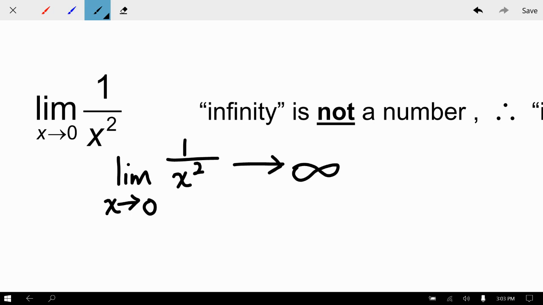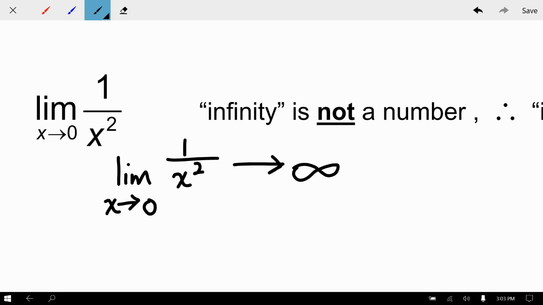Now, it used to be that this is the way we wrote all limits. We used to write limits with an arrow like this because it makes it a little bit more obvious that this is saying that this function is approaching an infinitely large value. Over the last 20 to 40 years, that notation has really been phased out.